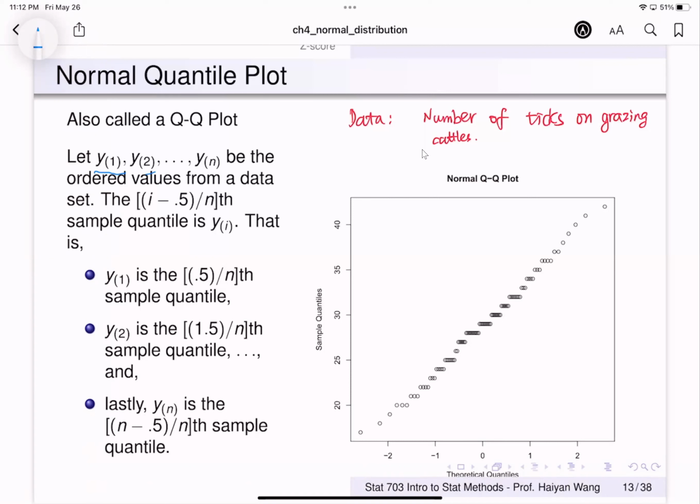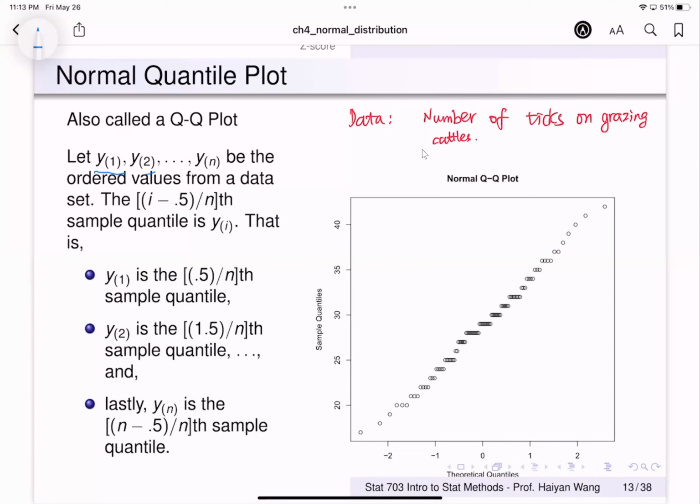So roughly, the smallest observation we treat as the (i minus 0.5) over n percentile. So the smallest observation is the 0.5 divided by n percentile. Imagine if n is 100, then the first one would be 1 minus 0.5 divided by 100, so we give it the 0.5 percentile. Why don't we treat it as the first percentile? Because Y1, even though it's the smallest from the data, is not necessarily the smallest out of the entire population.